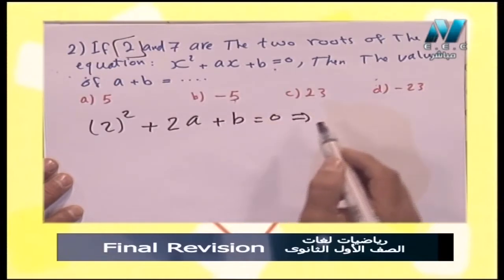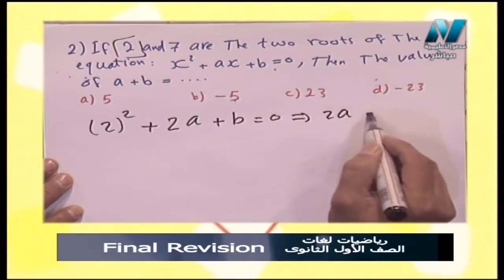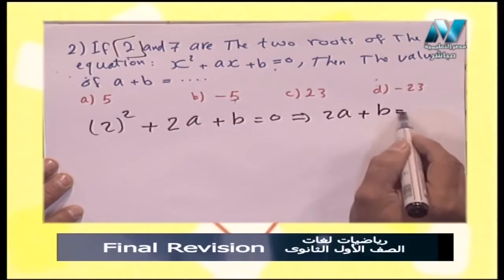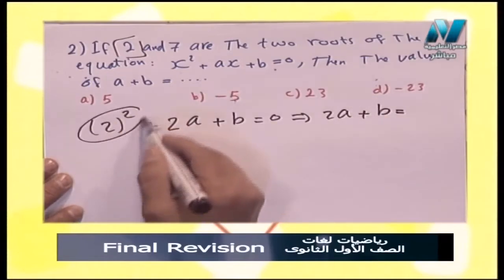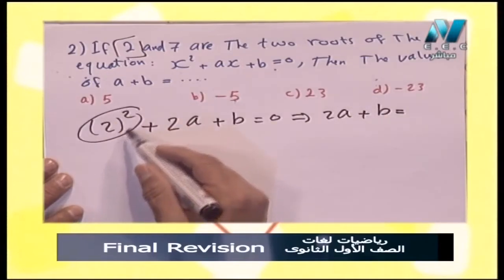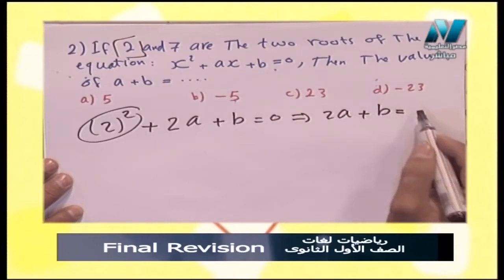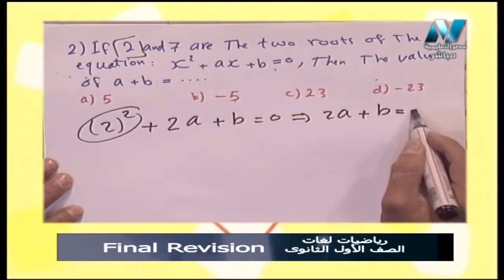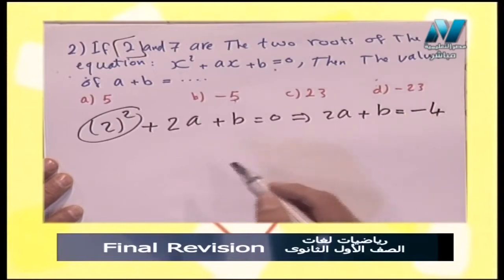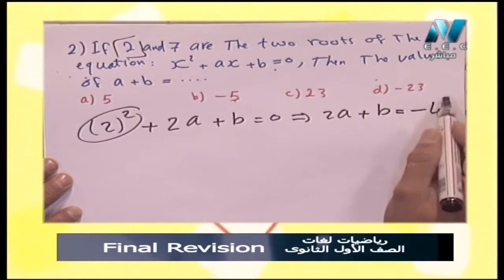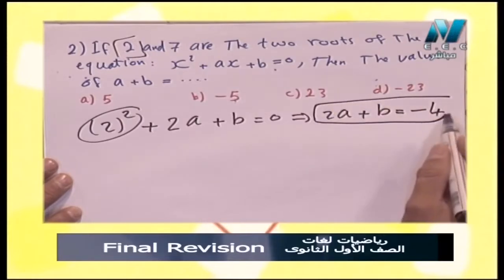So we have an equation here: 2a plus b equals, this 2 power 2 equals 4, and it is transferred to the other side by negative 4. So 2a plus b equals negative 4.